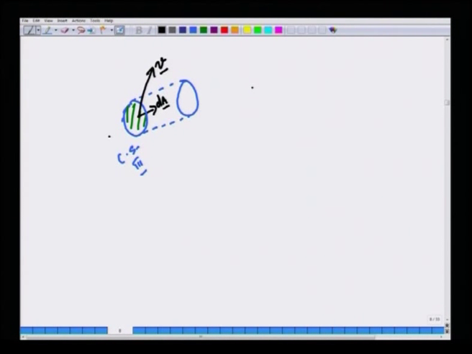So, dN3 at t0 plus delta t is nothing but, why is this surface moving? By virtue of the velocity.